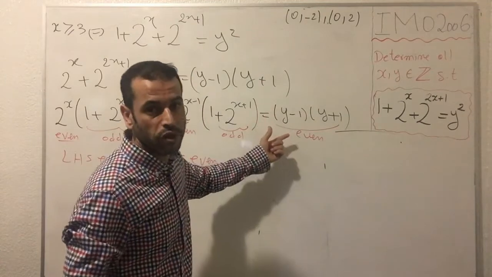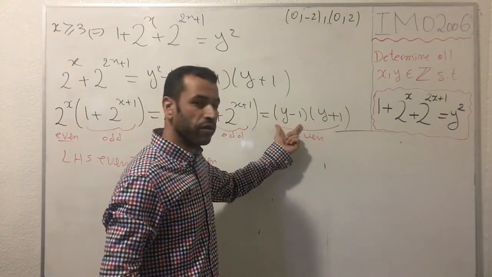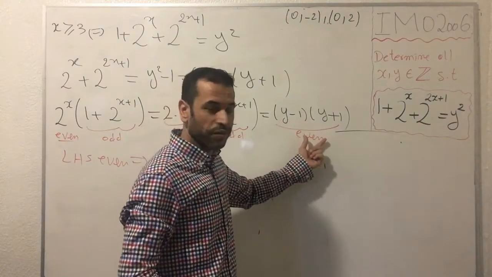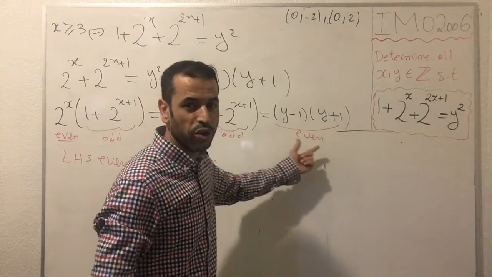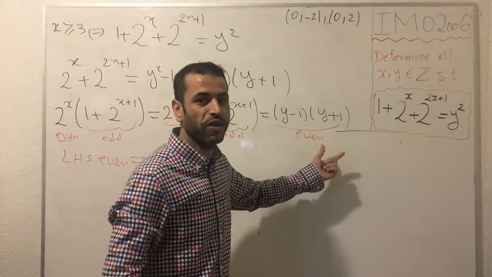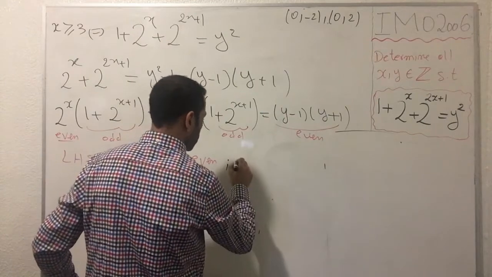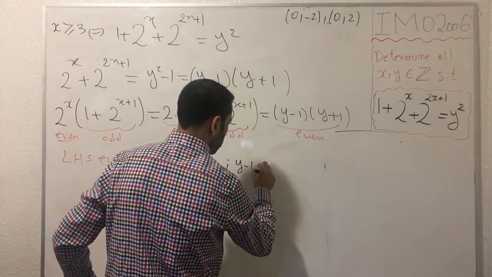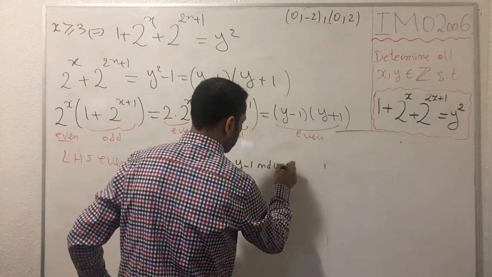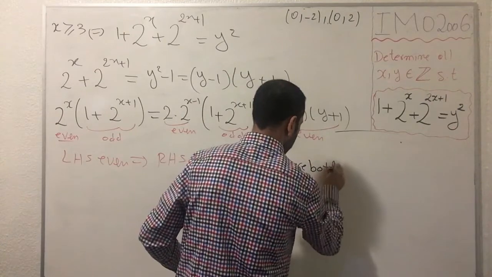Let's take the inverse: y minus 1 is even, so y is odd, and y plus 1 is even. So both of these numbers are even. This implies y minus 1 and y plus 1 are both even.